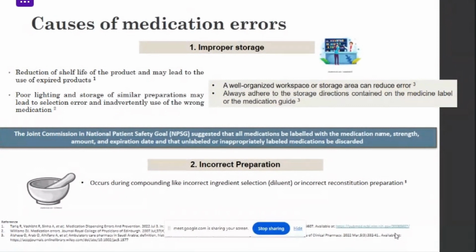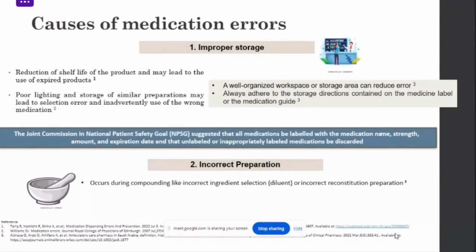So we will see discoloration and other associated complications if storage is improper. One of the major drugs is insulin, where if it is not stored properly, the insulin efficacy and potency decrease.